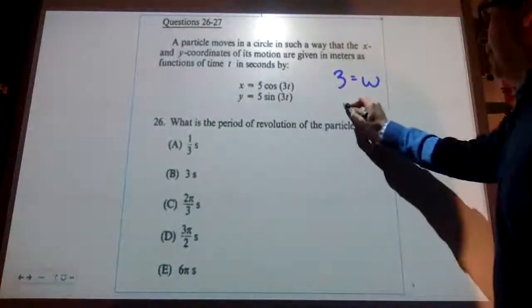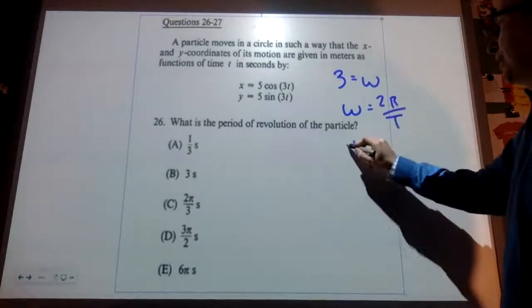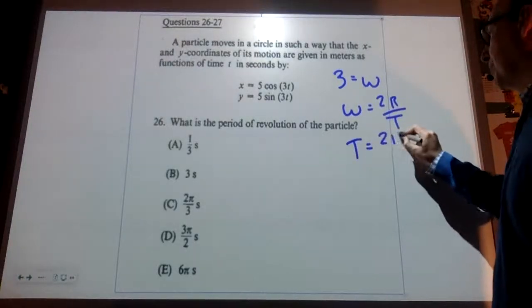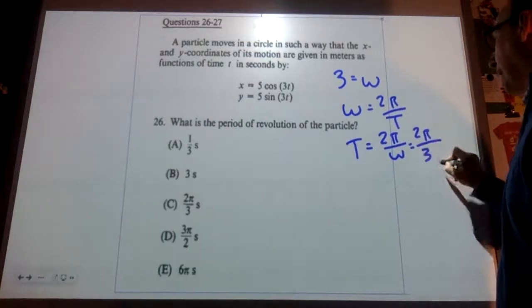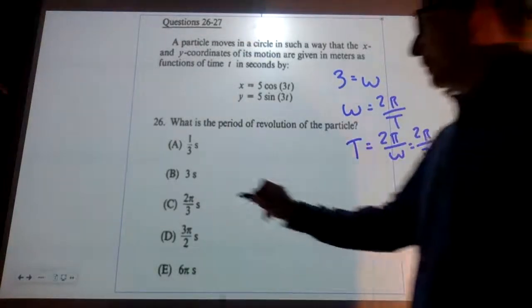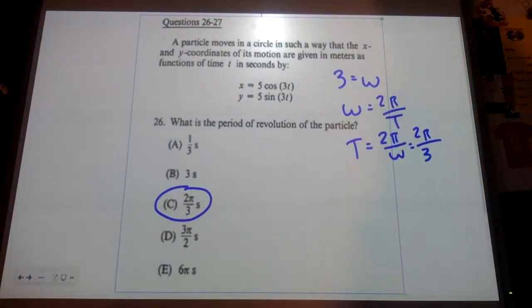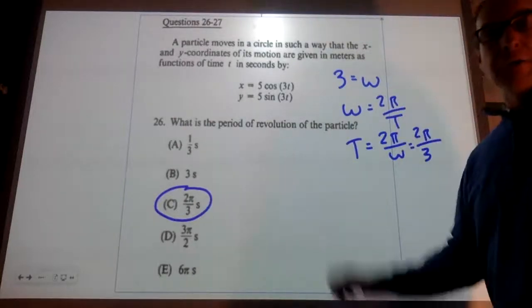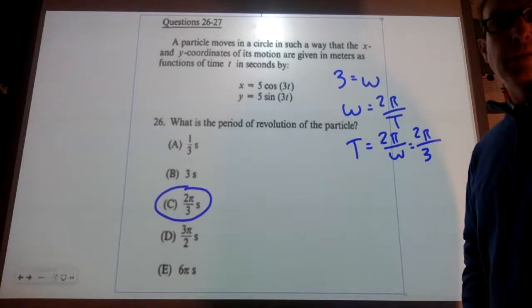I also know that omega is 2 pi over T. So T would be equal to 2 pi over omega, which would be 2 pi over 3. So it is 2/3 pi. So this is a convenient thing to find out, just looking at one of these functions, what the period is going to be.